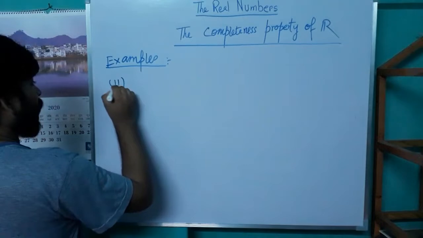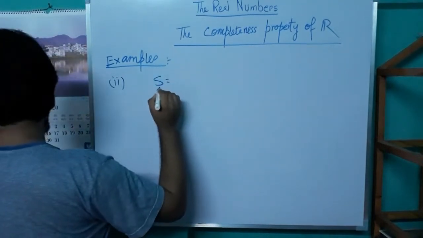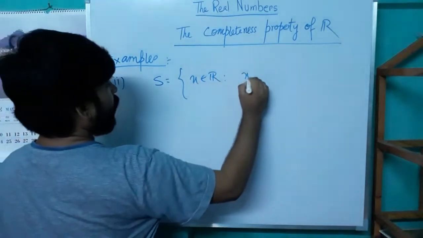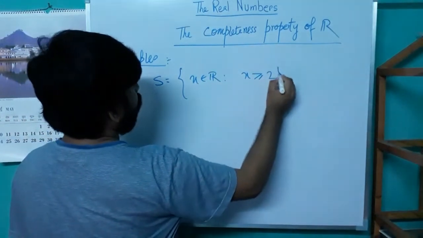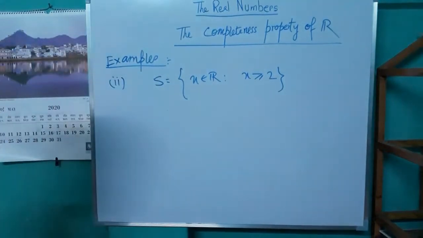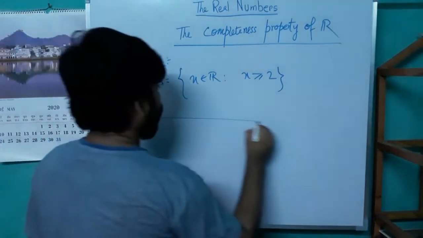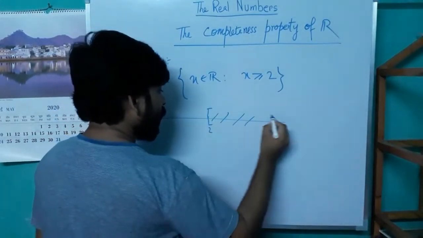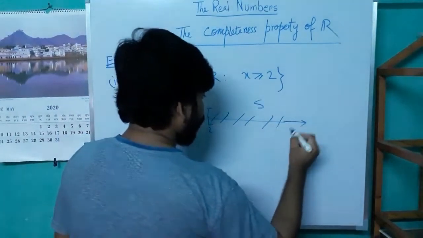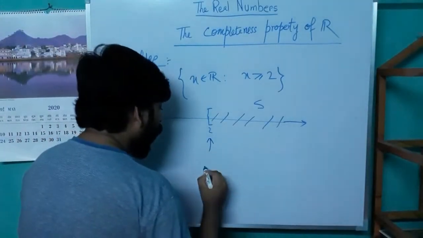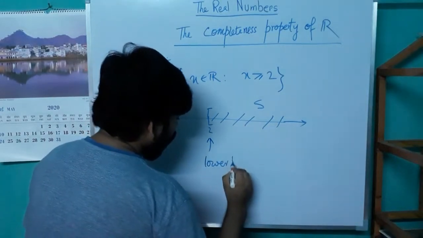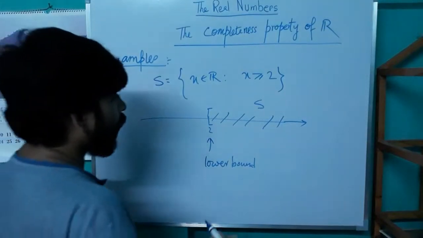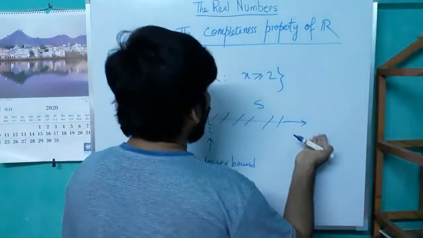So next example. Let us consider the set S of all real numbers which are greater than or equal to 2. Here 2 is a lower bound of the set S. And obviously this set has no upper bound.